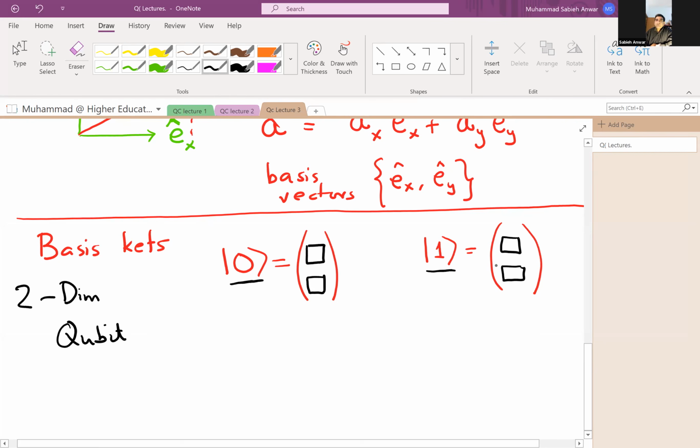It's really up to our representation what we desire, to have these two vectors written in such a fashion that we have a 1 here and a 0 here, and a 0 here and a 1 here. So let me remove the boxes now. Okay, look at this.